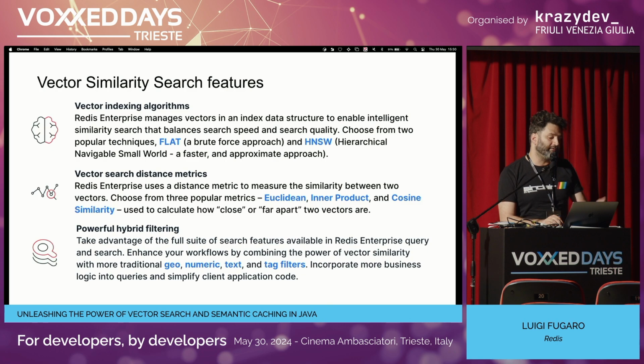And then Redis supports those three algorithms to calculate the distance: Euclidean, inner product, cosine similarity. And also you can do hybrid query. What it means: in Redis there isn't a type, a structure to represent just the vector embeddings.